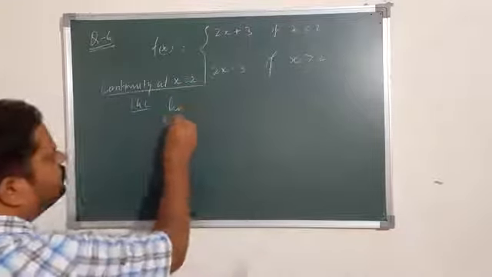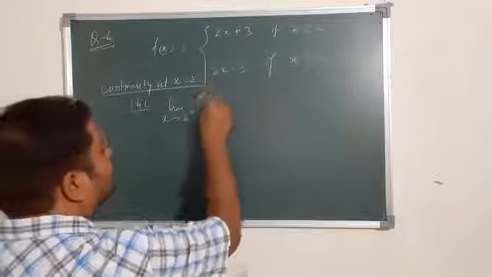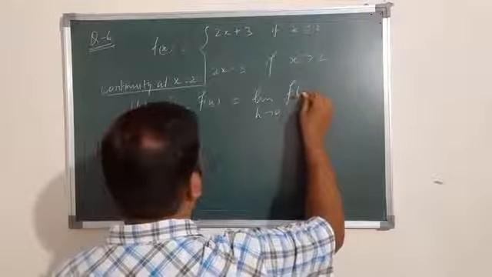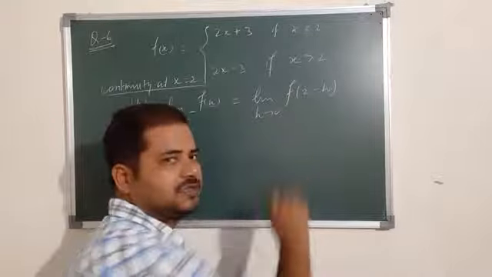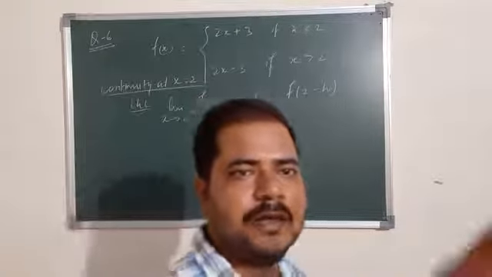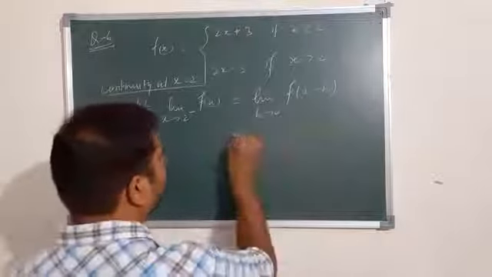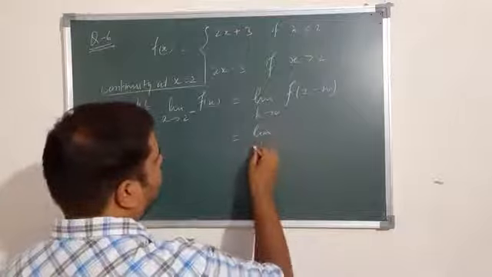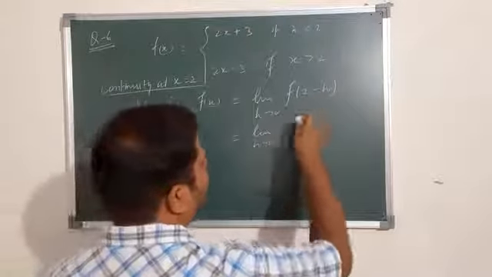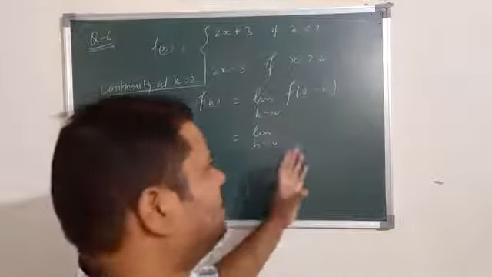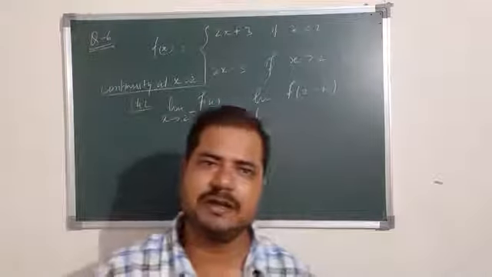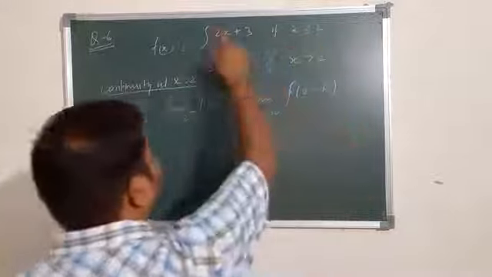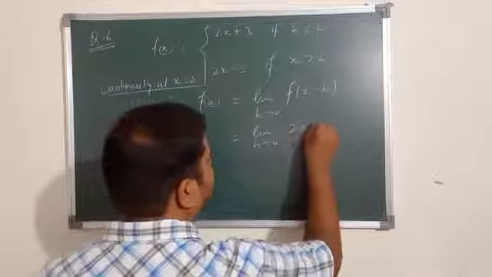Limit x tends to 2 minus of f(x). This is limit h tends to 0 of f(2 minus h). Since h is greater than 0, the quantity 2 minus h is less than 2, and for less than 2 the function is defined as 2x plus 3.